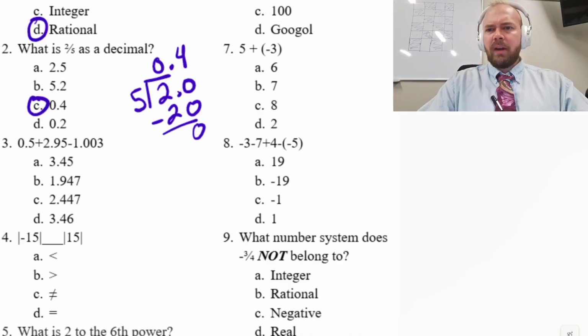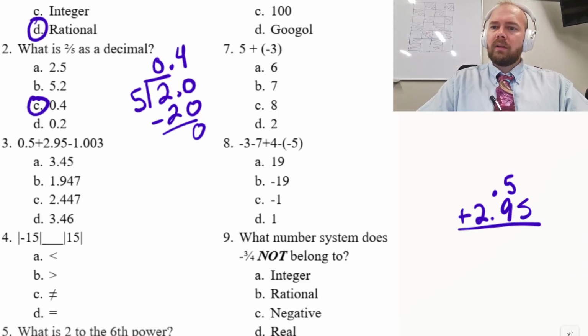This one I'm going to do off to the right-hand side over here. If I'm going to add and subtract, I can't do them at the same time, but I can add the 0.5 and the 2.95. So I'm going to go ahead and do that. It's going to be 5 plus nothing. 5 and 9 make 14.